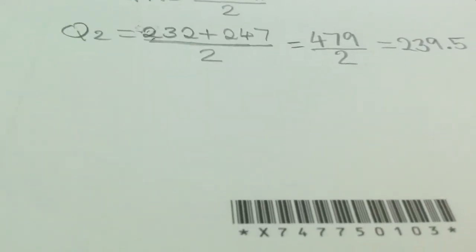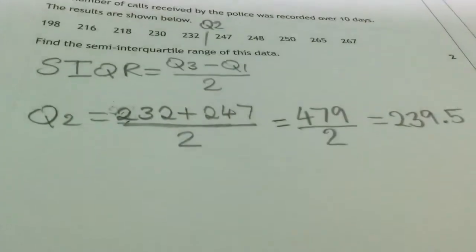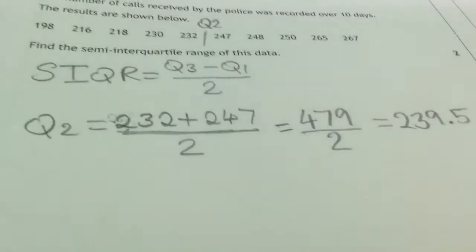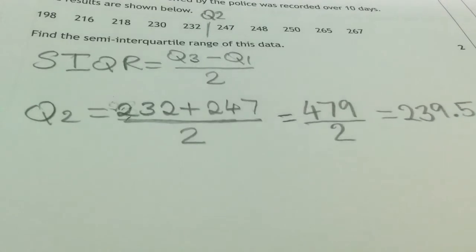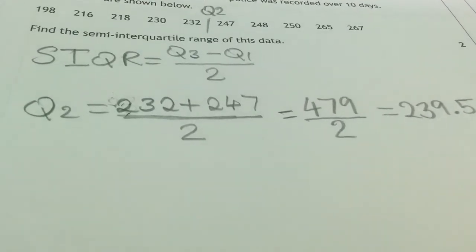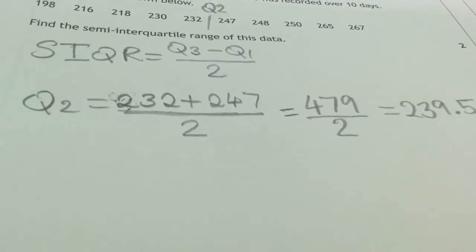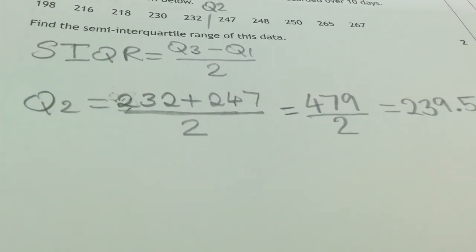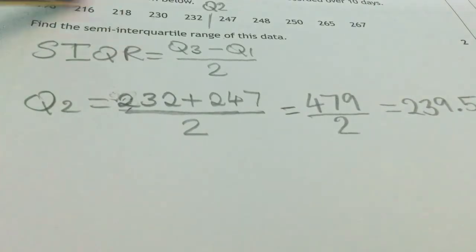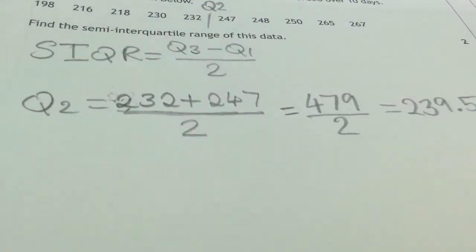Note the question doesn't ask for this, although I just generally write this down so we know what we're doing. So here we have quartile 2. Quartile 1 is the middle value of the lower set.